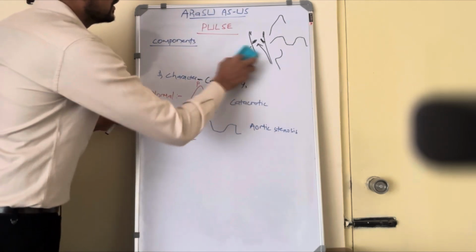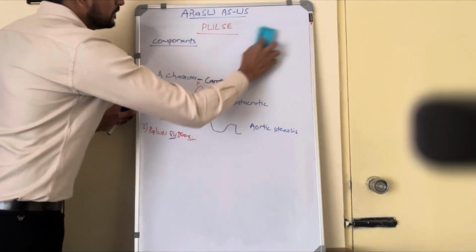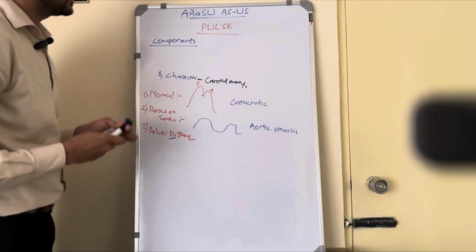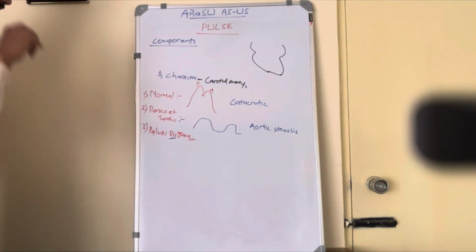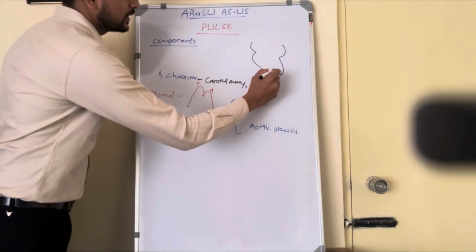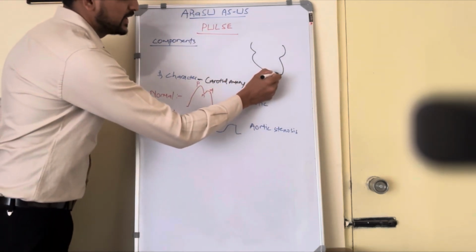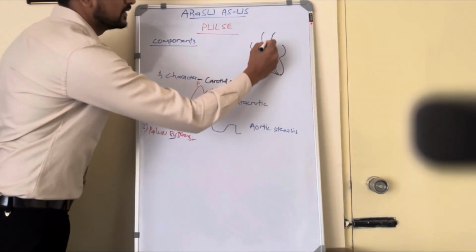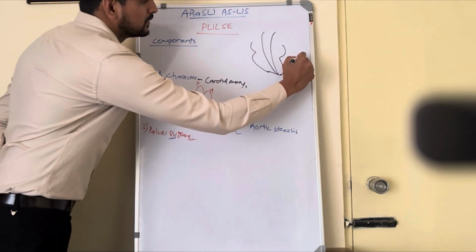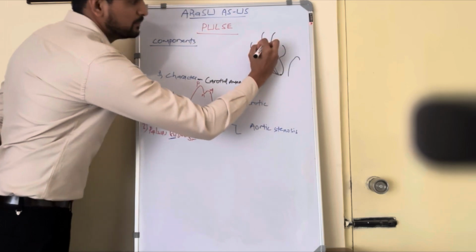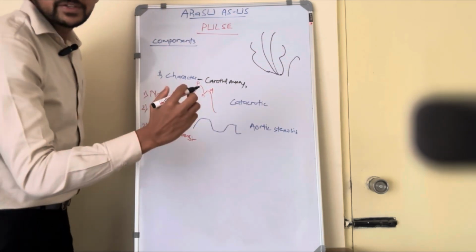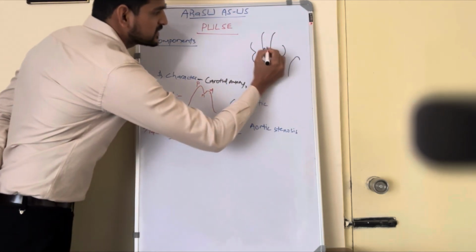So here again, if we want to draw, we know that in systole the ventricle is pumping out the blood and it is generating a wave. Okay, but what is happening here is, as the ventricle is pumping out, in between, that is during mid systole, there is this obstruction.